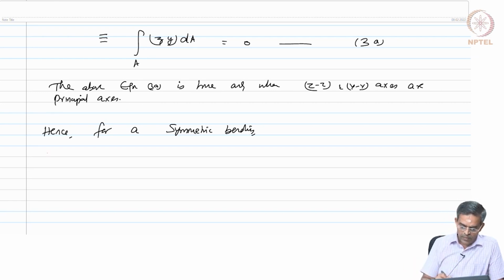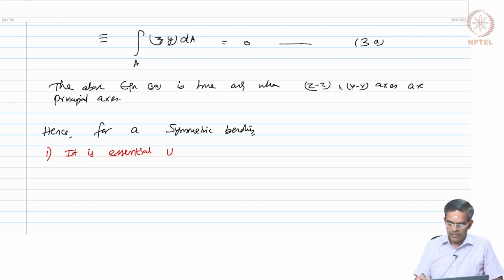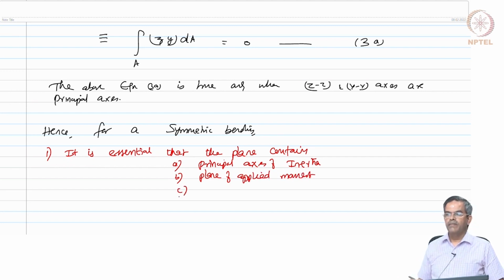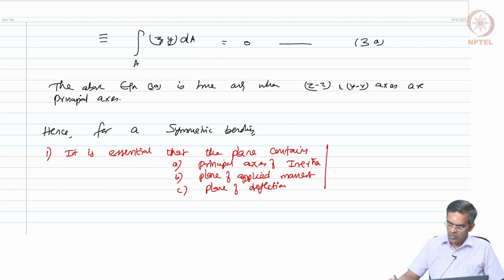there are certain conditions. 1, it is essential that the plane containing A. Principal axis of inertia, B. Plane of applied moment, C. Plane of deflection, should coincide.